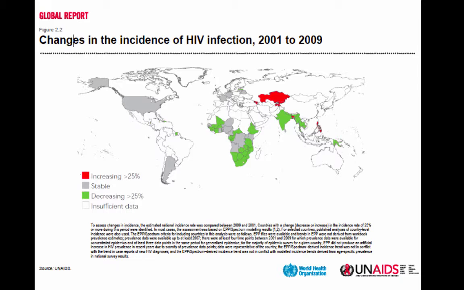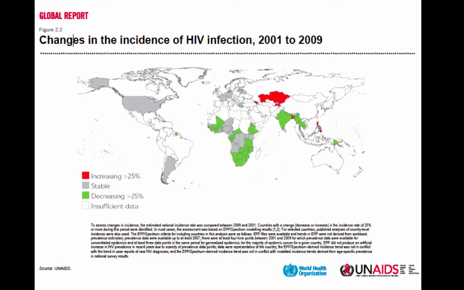This is a graph from the World Health Organization showing changes in incidence rates of HIV infection around the world. Areas highlighted in red show an increase in the incidence rate over the last 10 years, and countries in green show a decrease in incidence rates over the last 10 years. And so by looking at changes in incidence rate, we can identify areas where HIV is spiraling out of control.